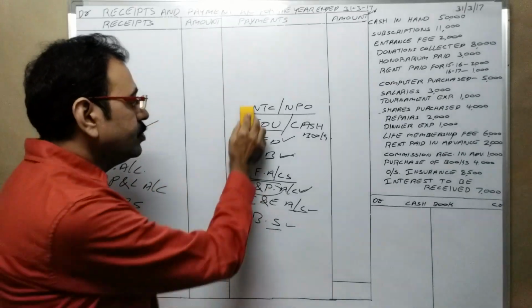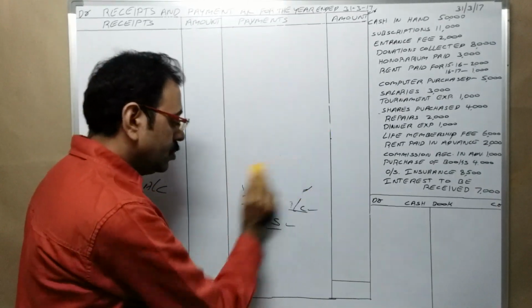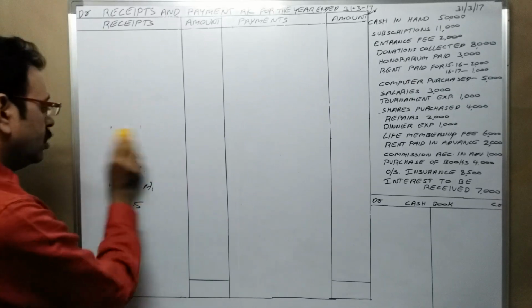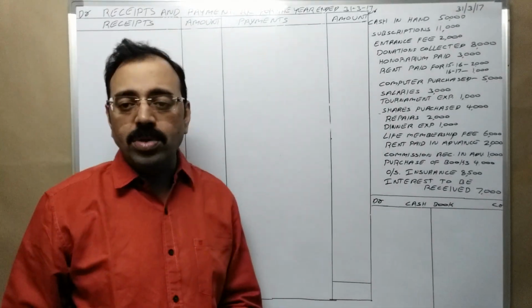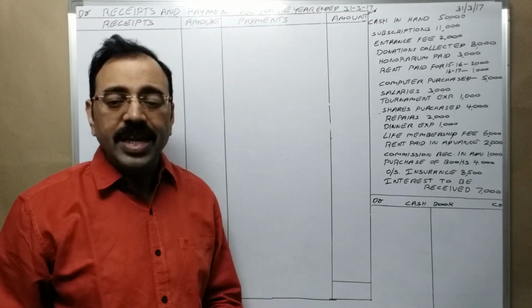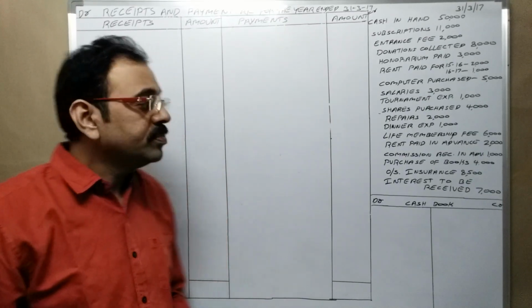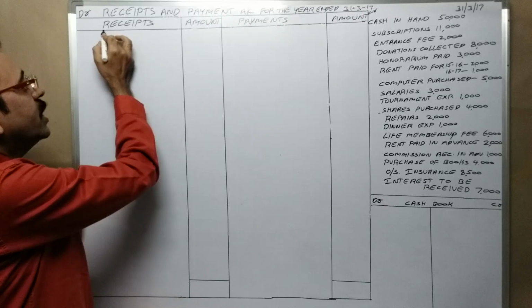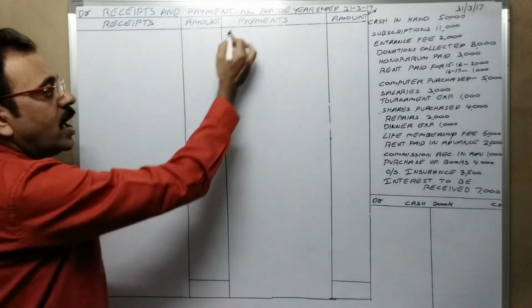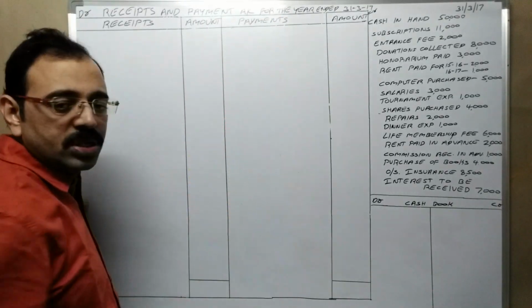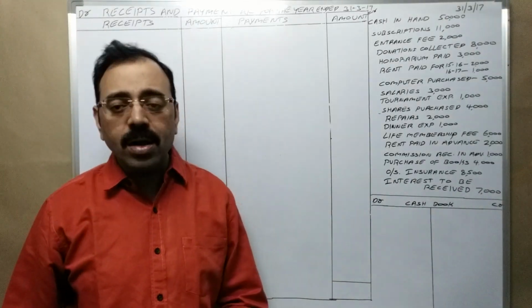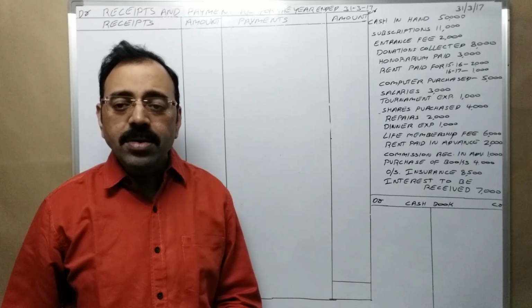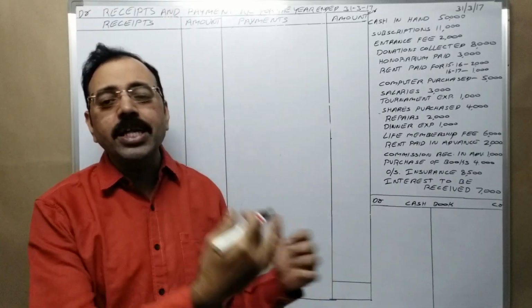Receipts and payments account. It tells about what? It tells about cash inflows and cash outflows. When you run any non-trading concern, then regularly we should meet some expenses.